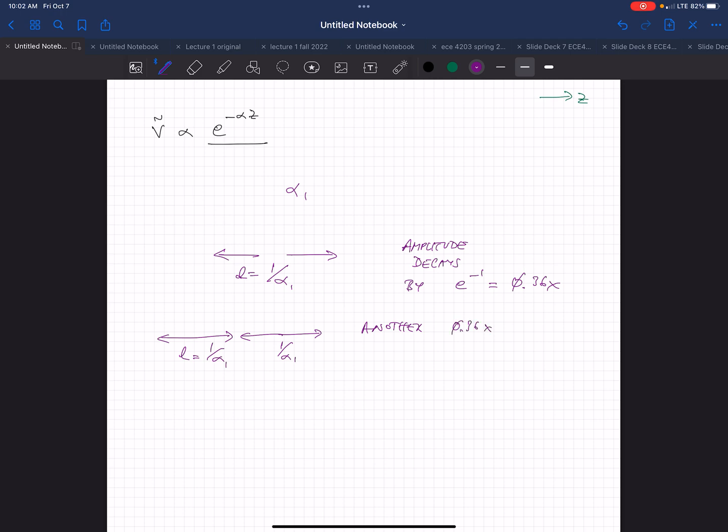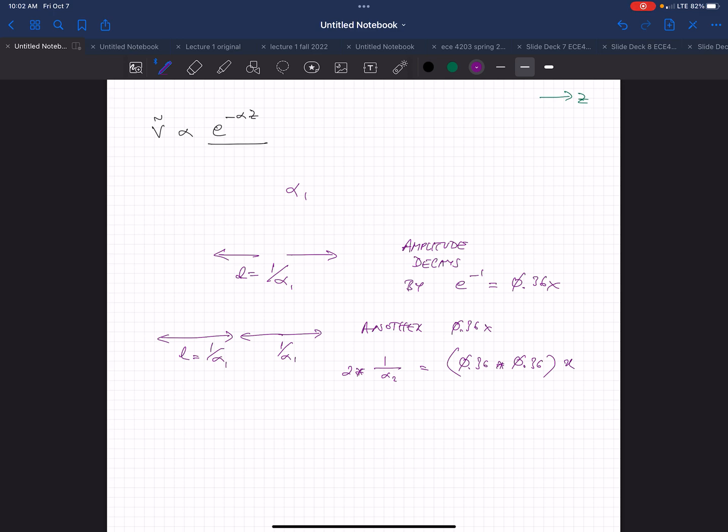So if you go 2 times 1 over alpha, 2 distances, you end up with 0.36 times 0.36x, whatever was your voltage in. So the amplitude is dropping as 1 over exponential of 1 over alpha.